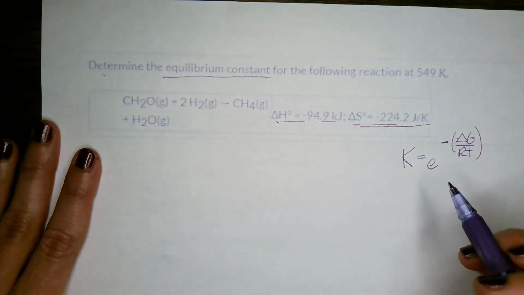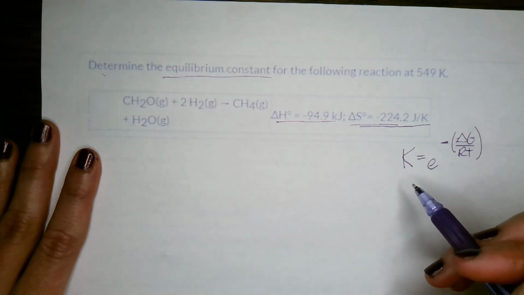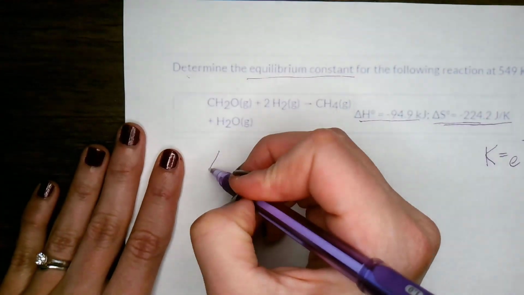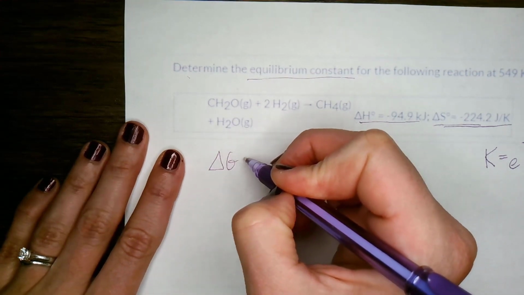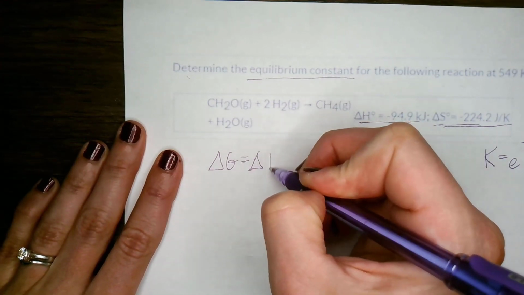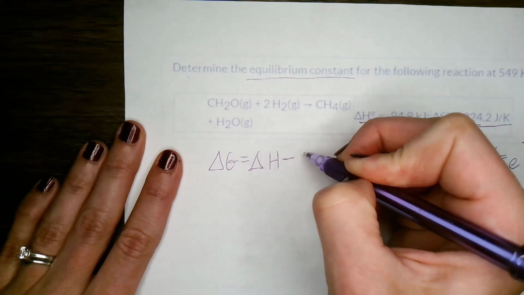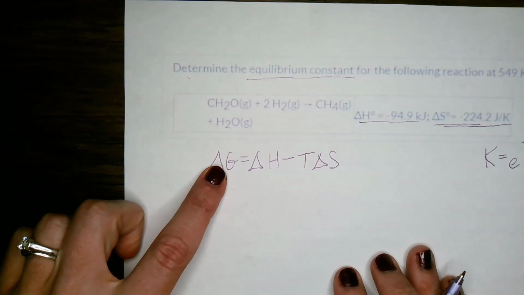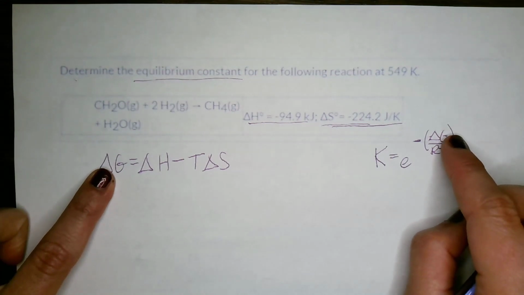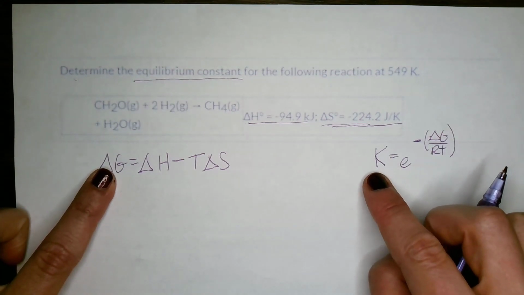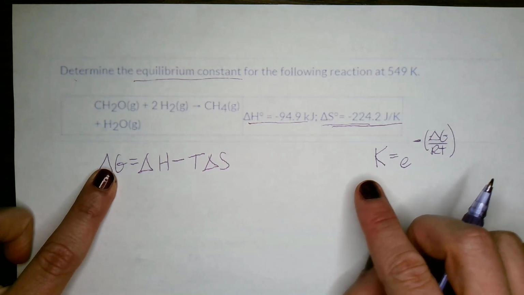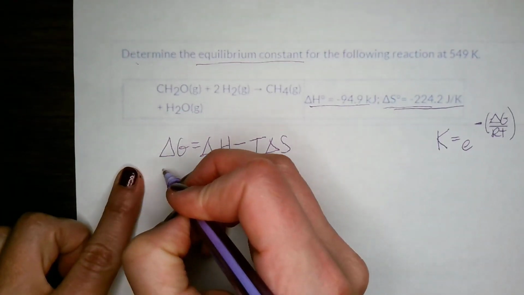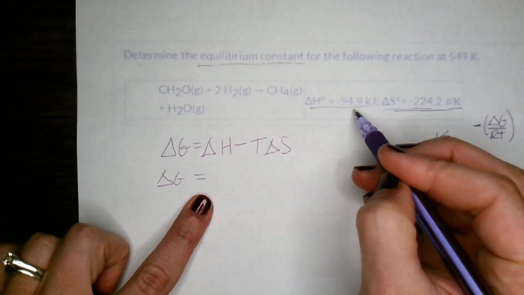But what we were given was our enthalpy and entropy, so we can find Gibbs free energy. If you remember, delta G is equal to delta H minus T delta S. So let's find G so we can plug it into this equation.